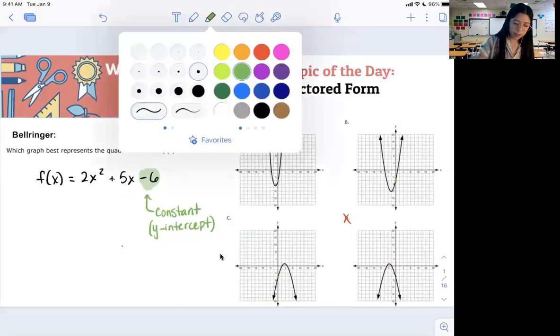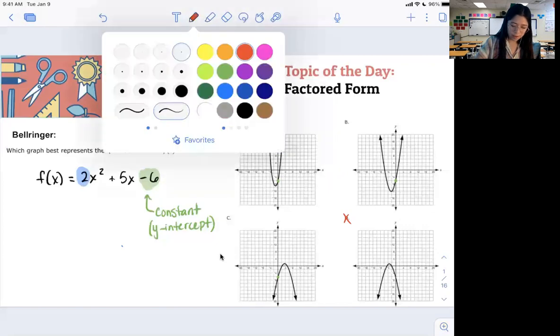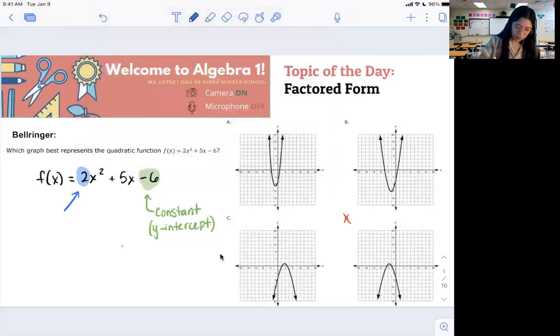Is it reflected? No, it's not reflected. So this is our a. a equals 2, which tells us that, just like you said, it's stretched. And what else does that tell me? It's a +2, so it's not reflecting. It's going upward.